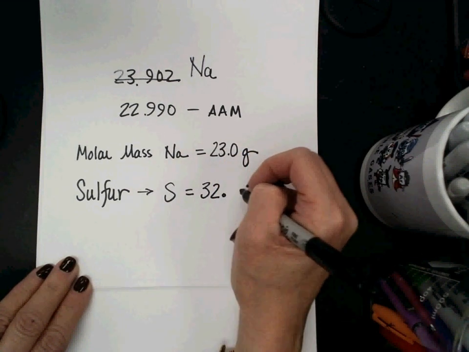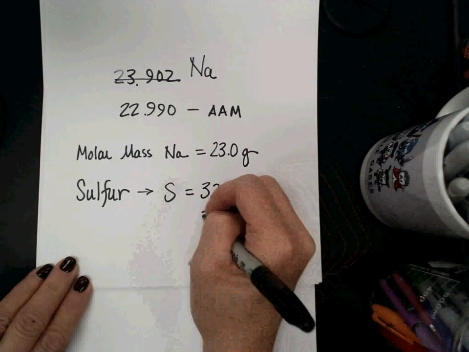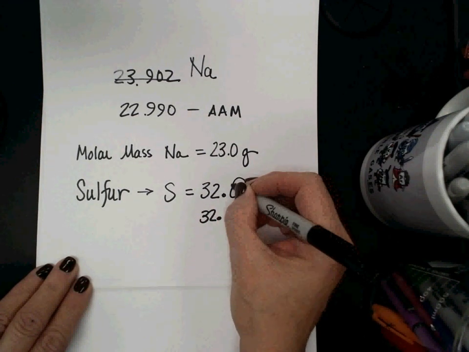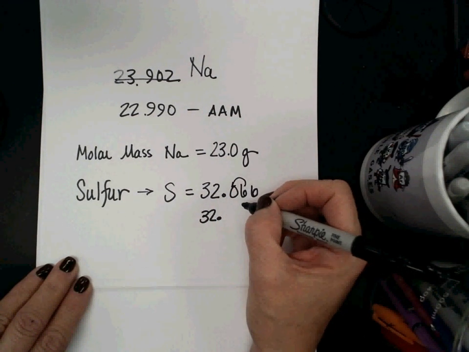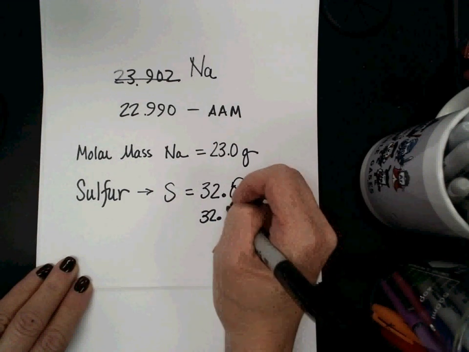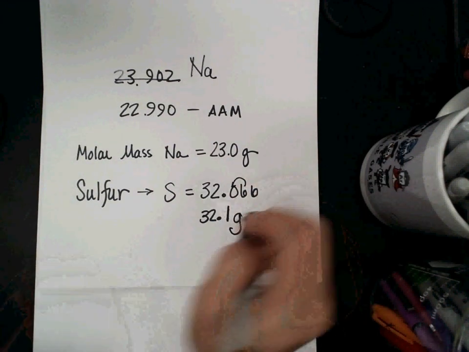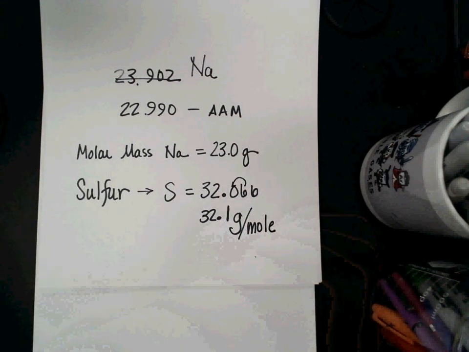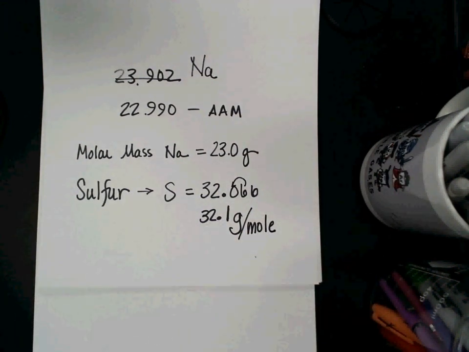If it's 0.66, what would this 6 do to this 0? A 1, yep. So it's 32.1 grams per mole. That's how I would write it. So if I have 1 mole of sulfur, I have 32 grams of sulfur. We'll do more with that later, but I want you to hear the terminology a little bit.